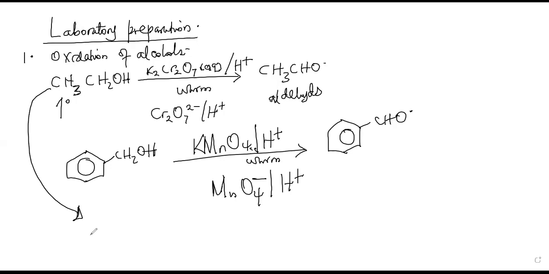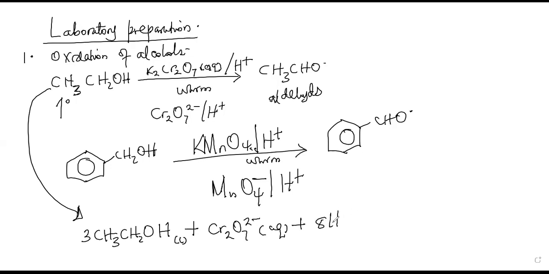One can say 3 molecules of ethanol plus a dichromate, plus, of course, ethanol is a liquid, then plus an acid.